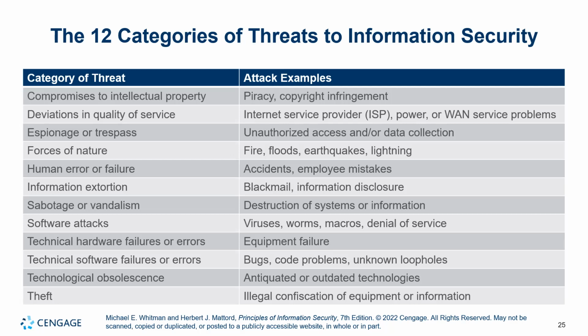This happened about 10 years ago. And it was basically a tainted supply chain. Technical software failures or errors, you just have bugs, you have things that crash and they're not supposed to crash, so you have unreliable systems or you have corrupt data.